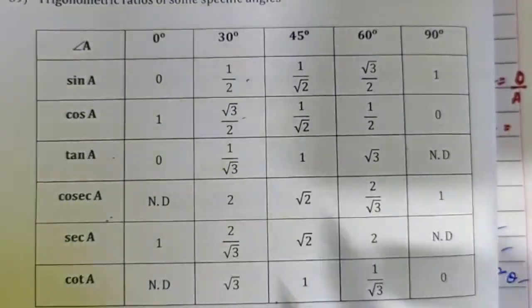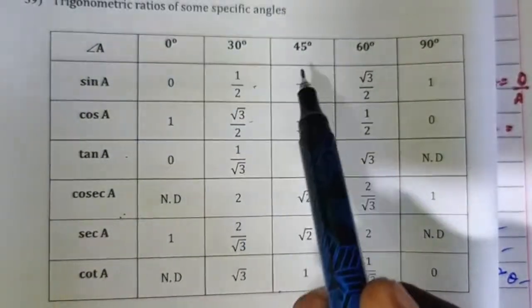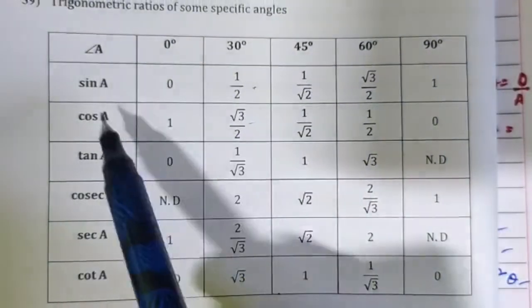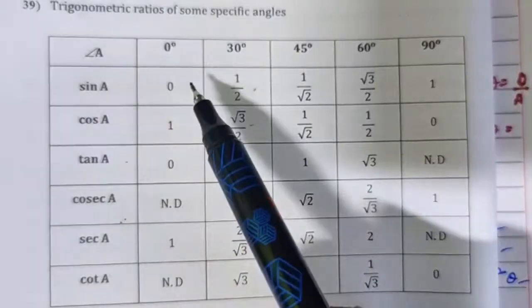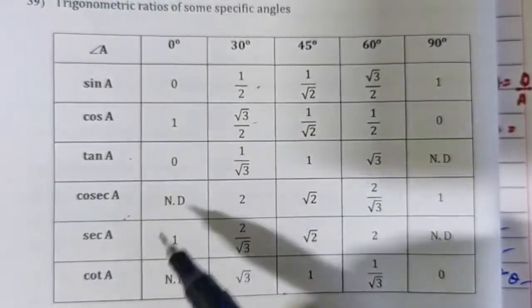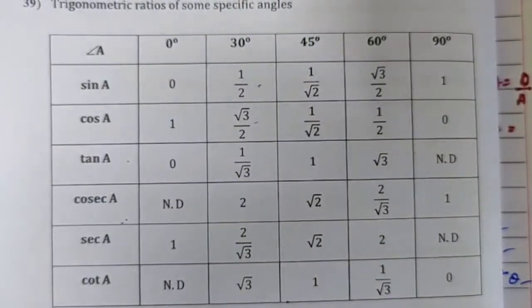The standard values of trigonometry are: sine 0 is 0, sine 30 is 1 by 2, sine 45 is 1 by root 2, sine 60 is root 3 by 2, sine 90 is 1. In the same way, try to learn the trigonometric ratios of some specific angles. If you learn this table, definitely 1 mark.